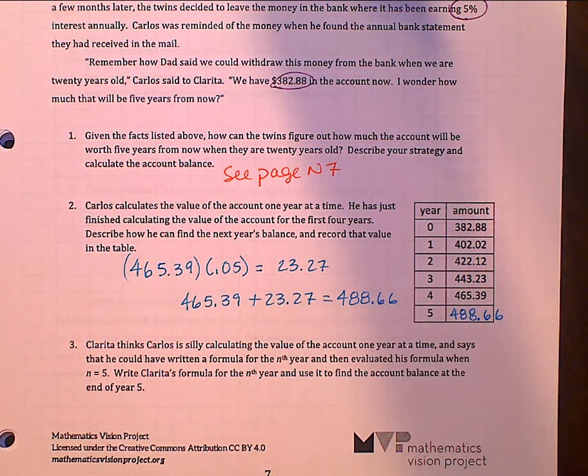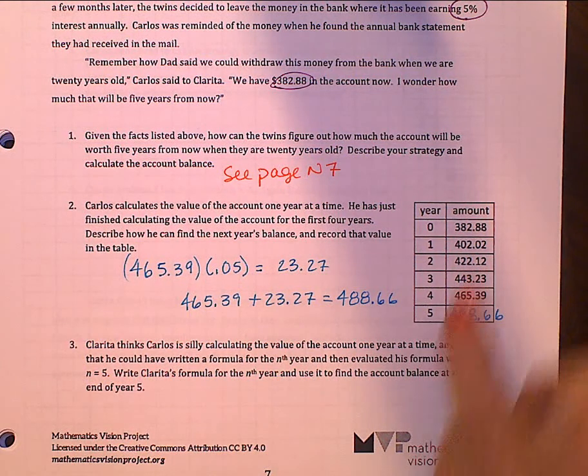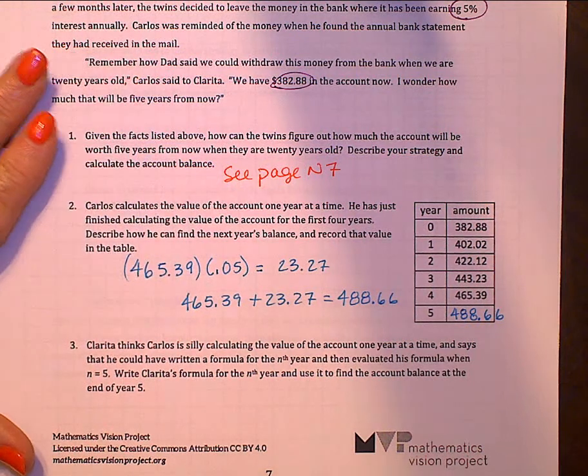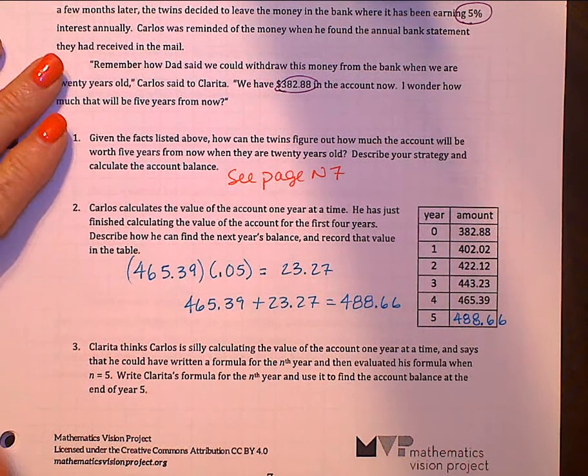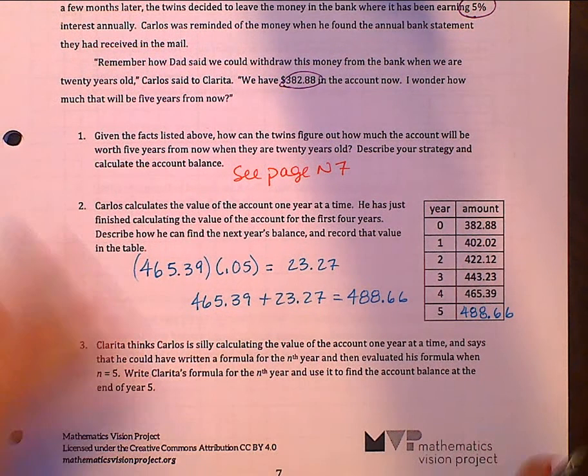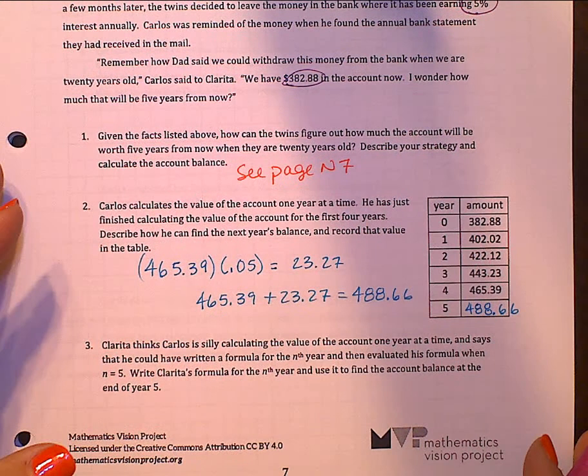All right, now Clarita thinks that this is a pain in the neck to do this. She thinks there's an easier way to do this, and there is, if we realize that we're multiplying by the same amount each time. Be very careful here, because some of you are going to want to think that you're multiplying by 0.05 every time, but you're not.